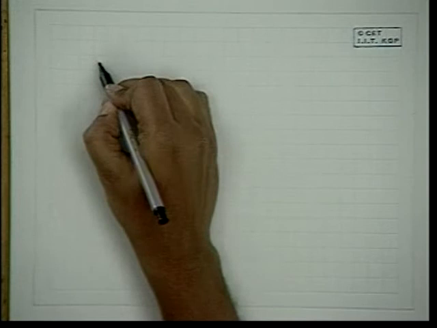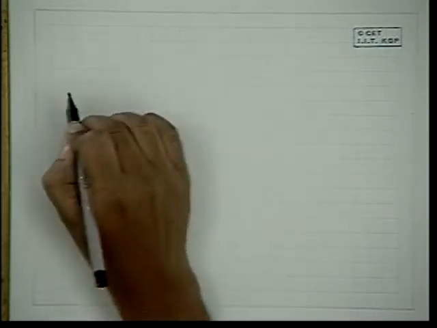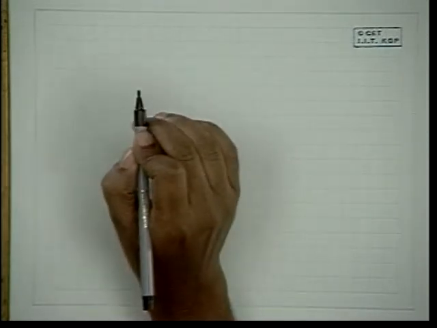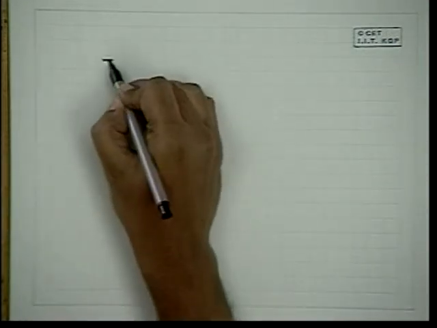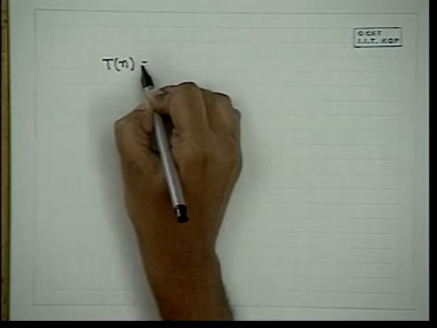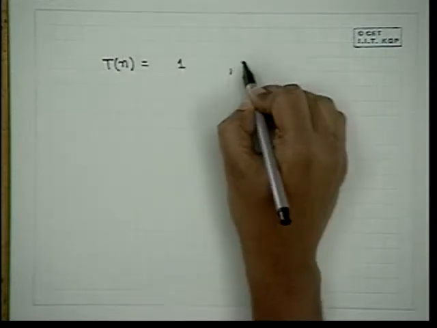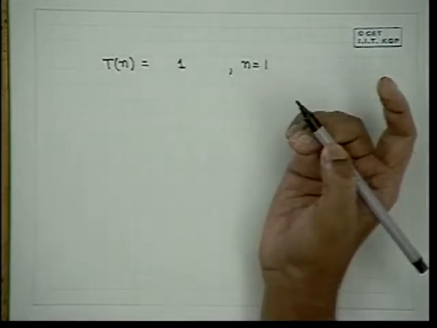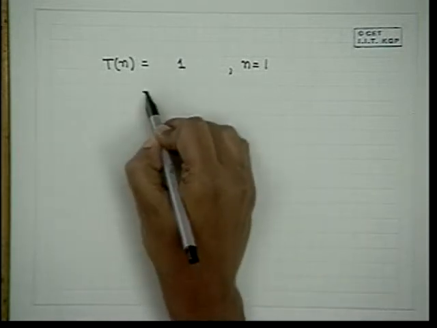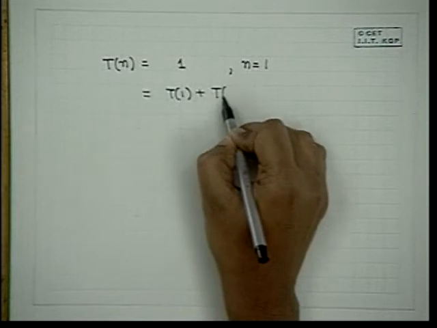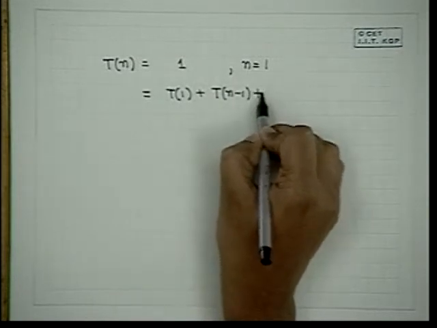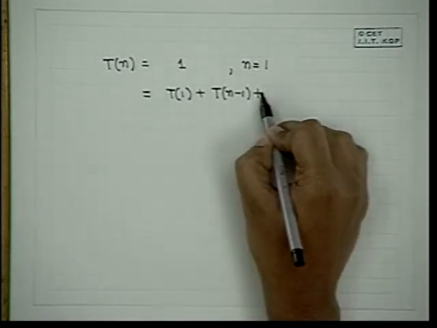So suppose we split up into 1 and n minus 1. Then what will be our equation? Tn is equal to constant for n equal to 1. That is known. When there is one element, it is constant time. Otherwise, it is T1 plus Tn minus 1 plus merge time, which is order n.